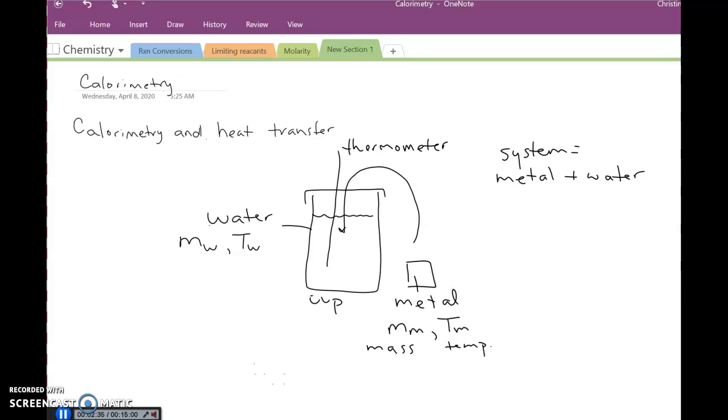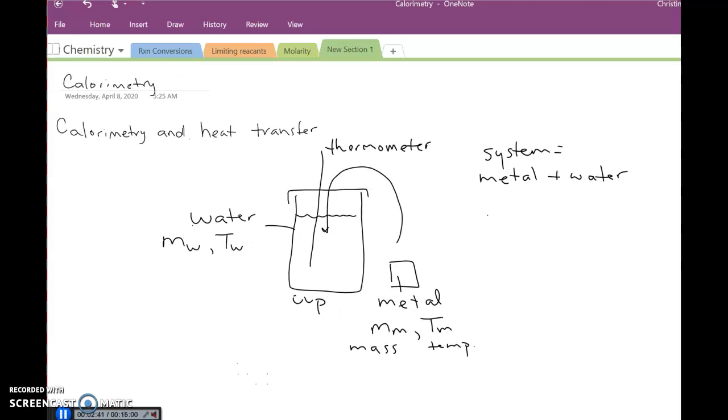Now with the ones we're doing, we're going to assume that our metal is hotter than our water. So we're going to assume that the temperature of the metal is greater than the temperature of the water.